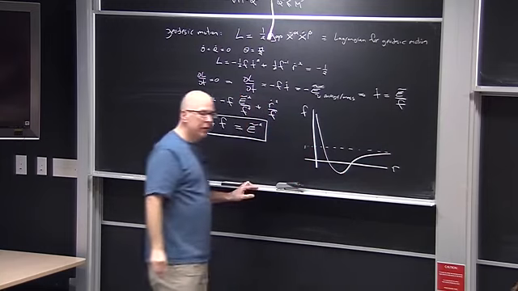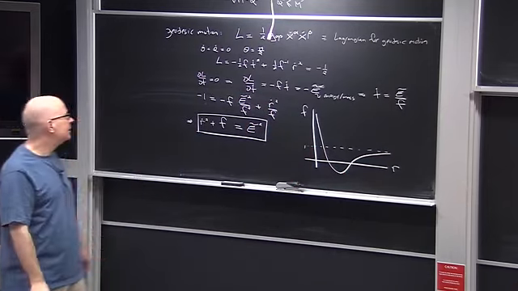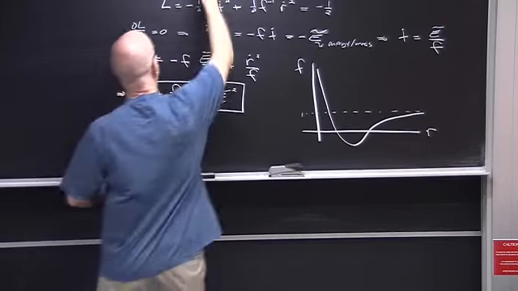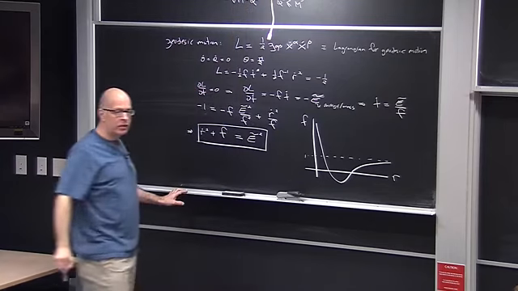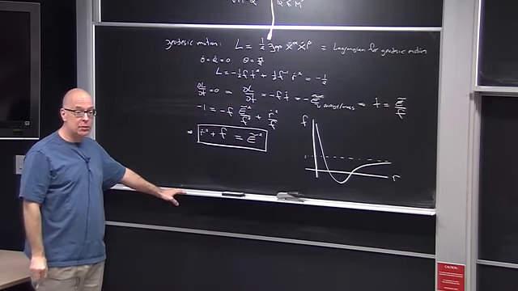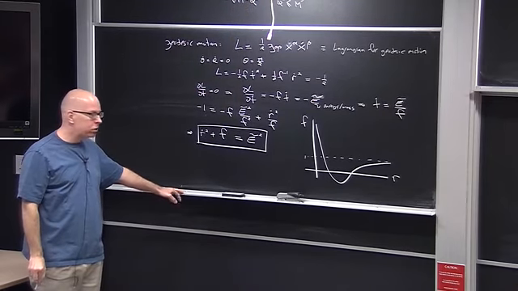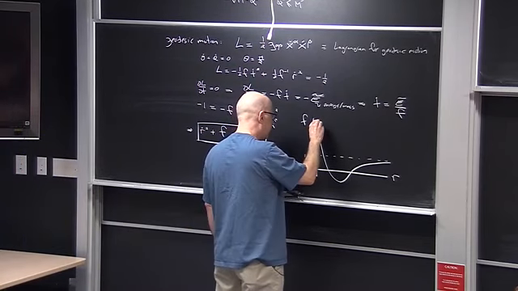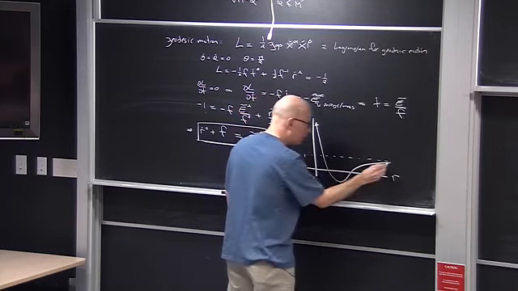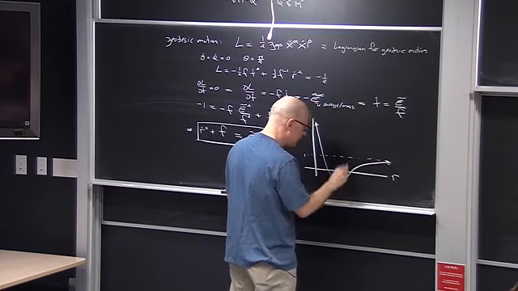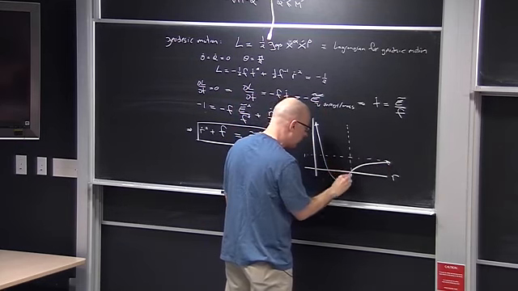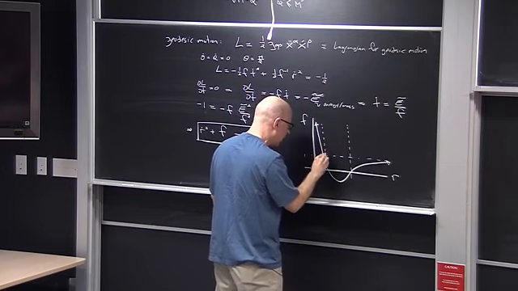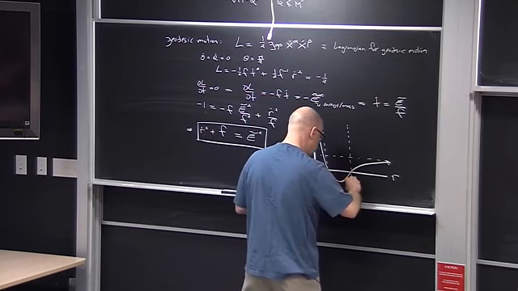And for r nearing 0, it's going to go up to plus infinity, because for small r, it's the q term that wins, and that's positive. So it goes up to plus infinity when r goes to 0. And it goes to 1 when r goes to infinity. It crosses 0 once at r plus. It crosses 0 again at r minus.